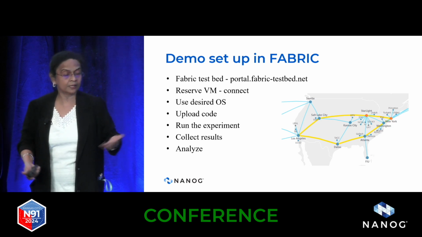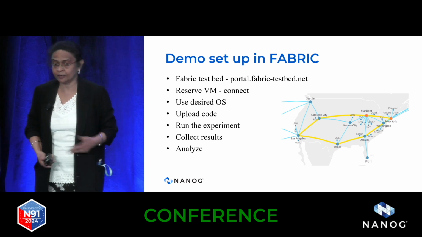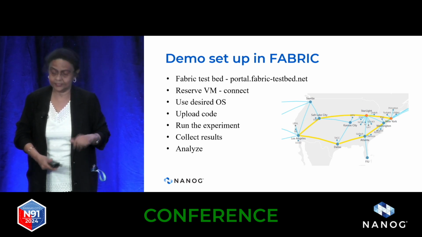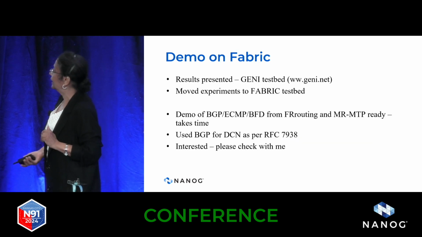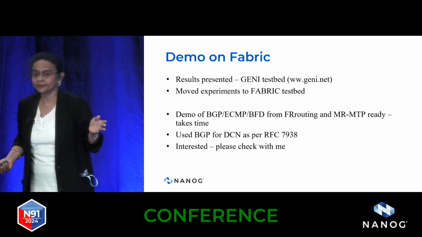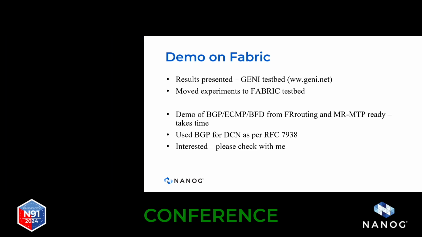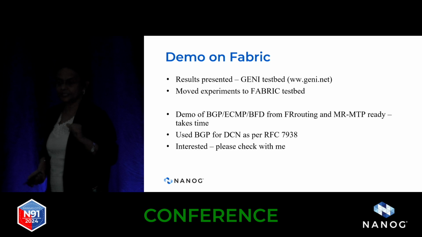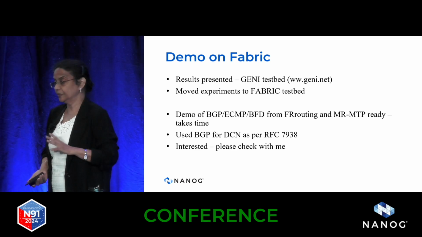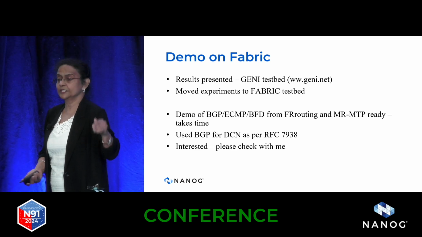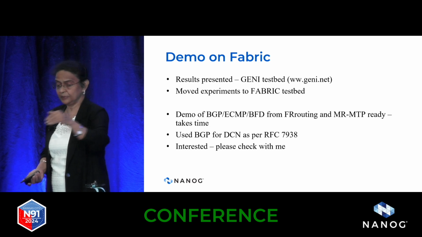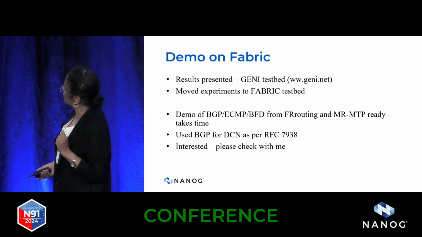You collect all the log files, go through them, and then collect the results. That's where it takes time, but we have scripts for all that. It just takes time. Again, the results that we presented were from the Genie testbed. We have results from Fabric, and I have results based on the optimized BGP for DCN version as well.